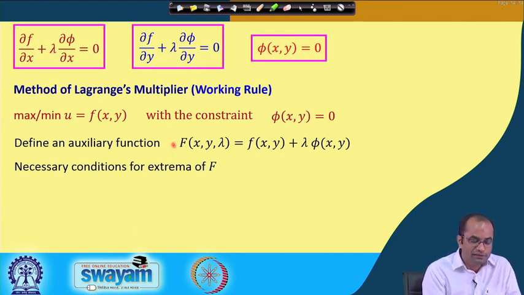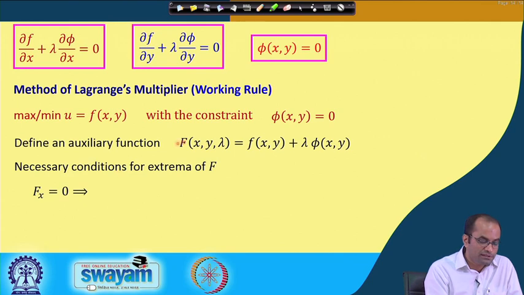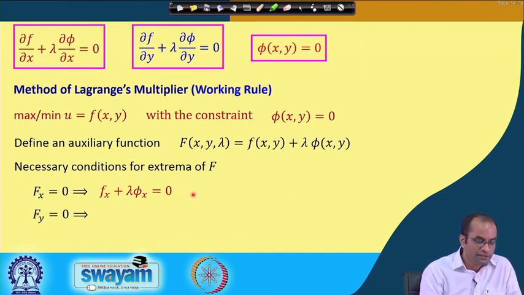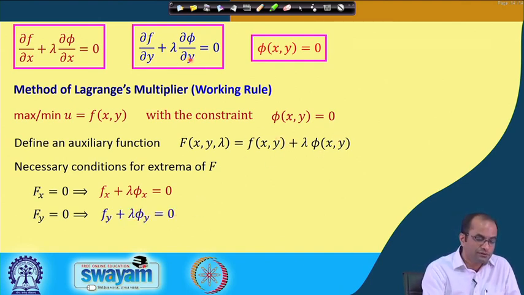When we take the derivative with respect to x here, we will get the partial derivative of f with respect to x, plus lambda times the partial derivative of phi with respect to x. That means F x is equal to 0 is nothing but f x plus lambda phi x equal to 0, which was the first equation there. The partial derivative with respect to y: here again f y plus lambda phi y will be 0, which is the second equation listed there.